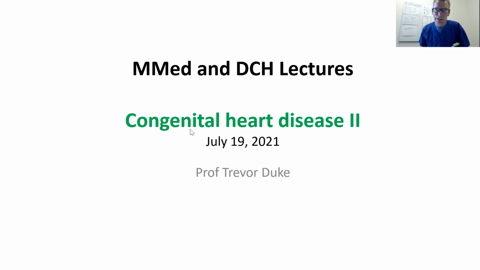Today I wanted to discuss the last 2 weeks we've talked about congenital heart disease, and 2 weeks ago we talked about congenital acyanotic heart disease, that is children who aren't cyanosed but present in heart failure. And we talked a bit about the varied causes of heart failure, if you remember, and we tried to cover an easy way to remember all the different causes of heart failure.